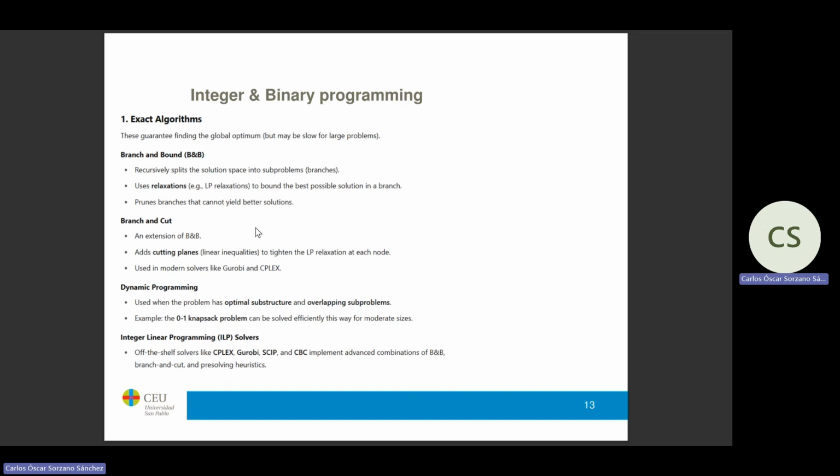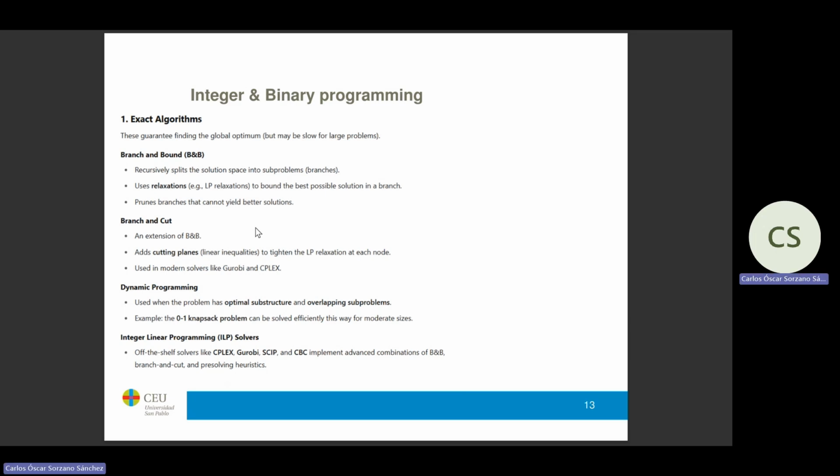Okay, so when you solve this kind of problems, there are two families of algorithms. For integer and binary programming, which are the ones we have presented so far, you have what are called exact algorithms. The exact algorithms come in a number of flavors, but they guarantee finding the global optimum.